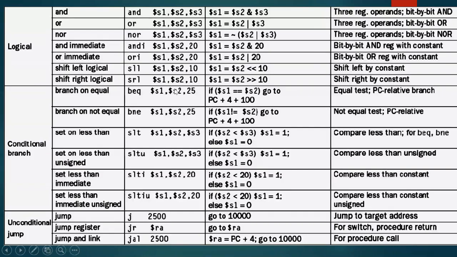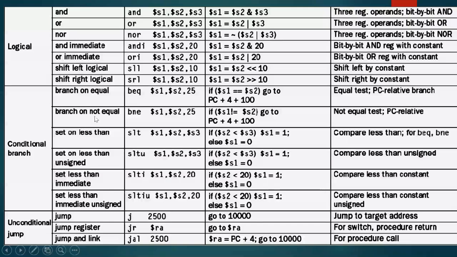If $S1 double equals S2, then you're going to go to the particular position. PC, the program counter, is the one which moves the instruction to the particular location. The PC plus 4, where 4 is usually a constant value, plus 100 is the memory position. So PC plus 4 plus 100, then 25 is going to be added.